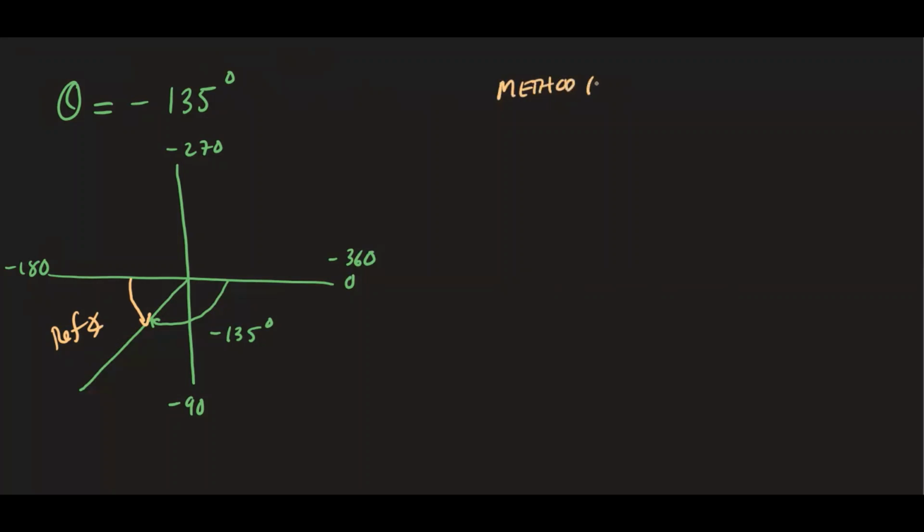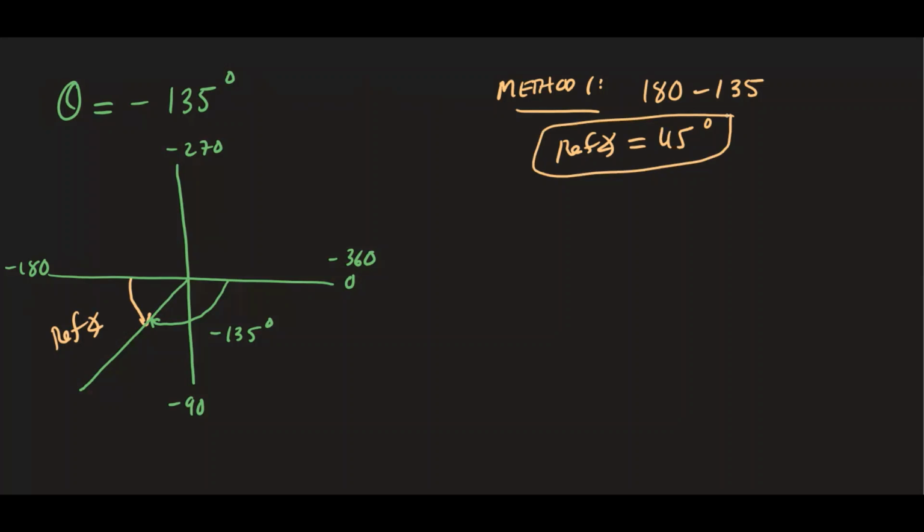Method 1 is not so legit, but you can do it mentally in your head. Think of all of these as positive values. So do 180 minus 135, and you get the reference angle, because that's how much we're missing to complete the bottom half of the circle. So 180 minus 135 gives me 45 degrees. That's my reference angle.